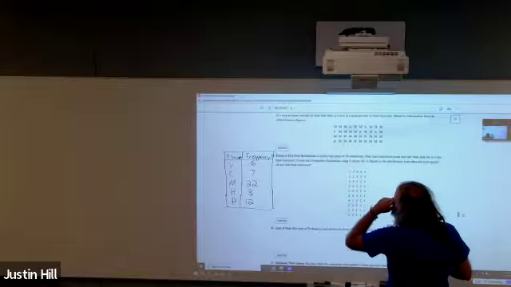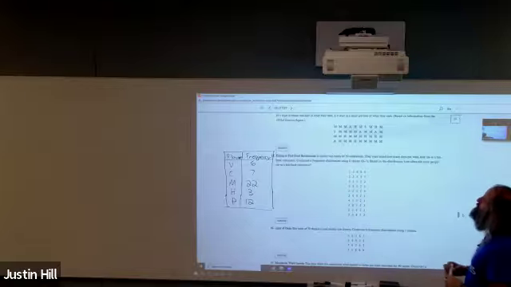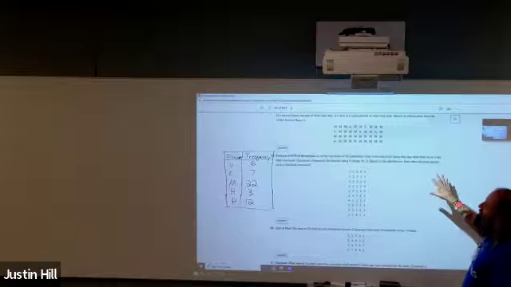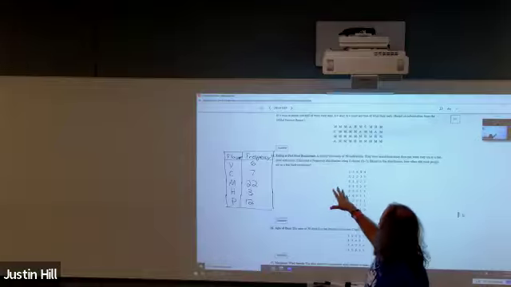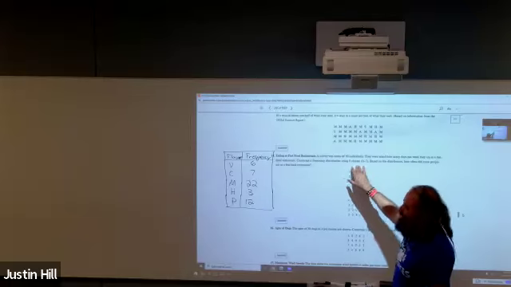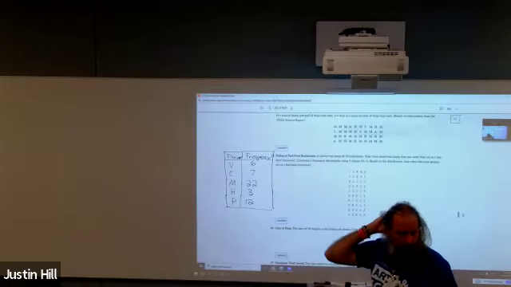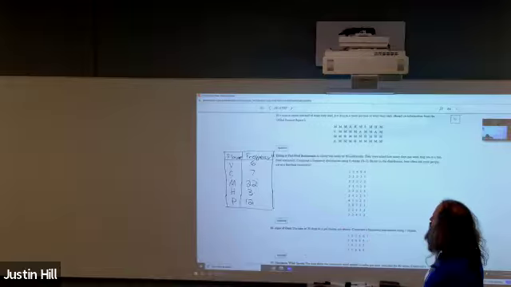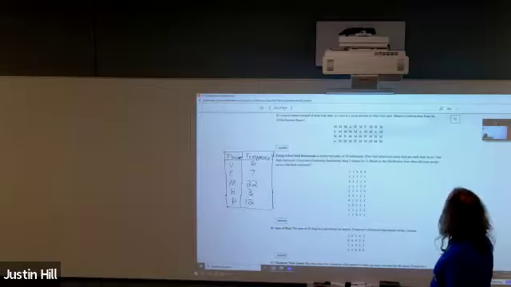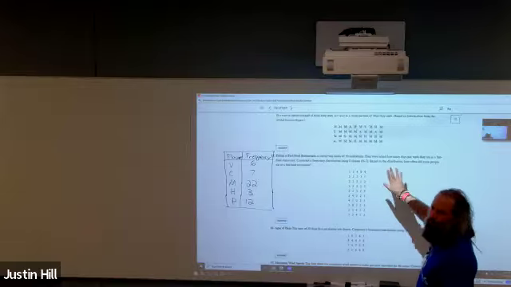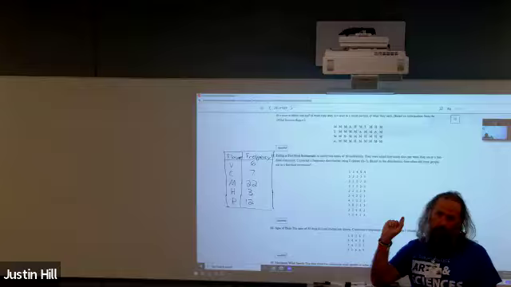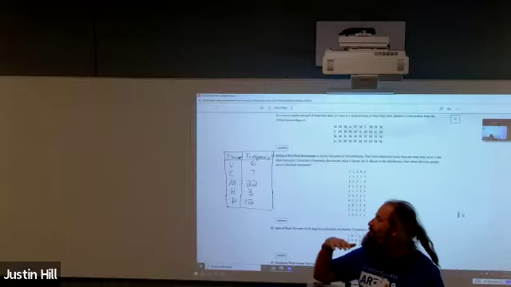This one says a survey was taken of 50 individuals. They were asked how many days per week they ate at a fast food restaurant. Construct a frequency distribution using 8 classes. We're going to give you some vocabulary as we go. Based on the distribution, how often did most people eat at a fast food restaurant? So we'll get there. This one asks a little basic analysis at the end.